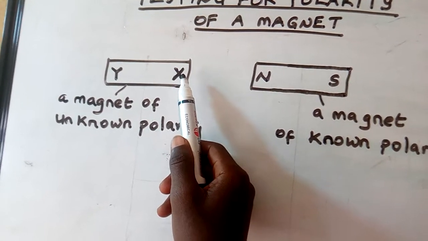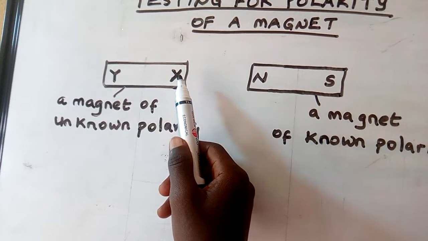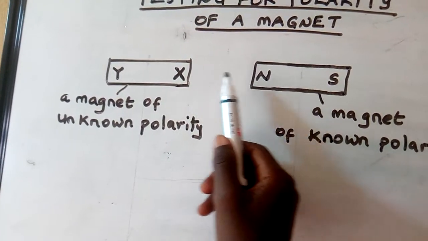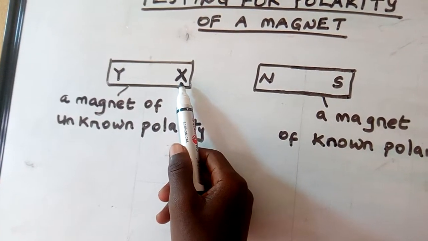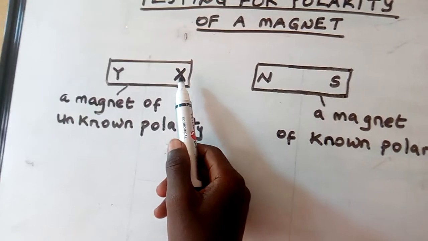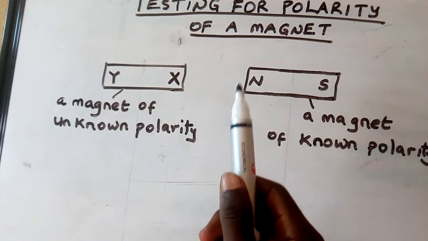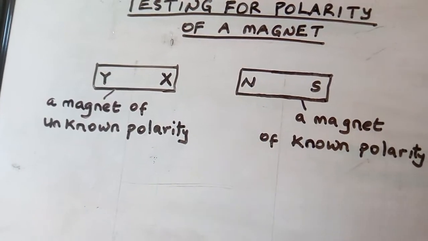What does that mean? It means this one is also a north pole. So once this one repels this one, automatically you know, since this is north, this must be north. Because from the law of magnetism, we know like poles do what? Repel. So that is how you test for the polarity of a magnet.